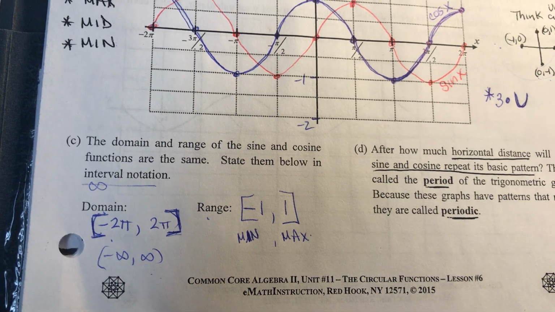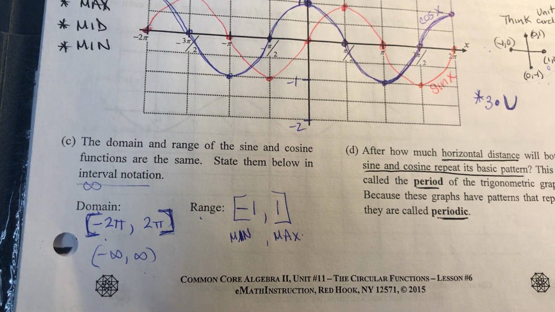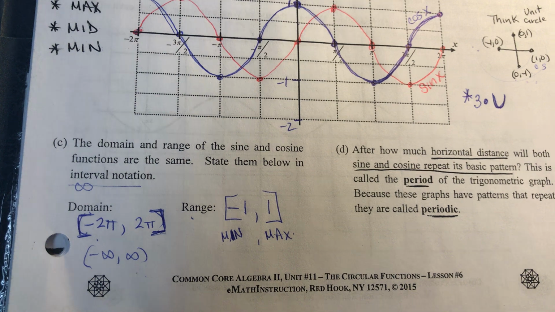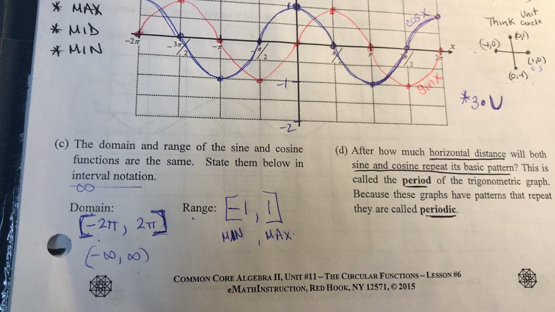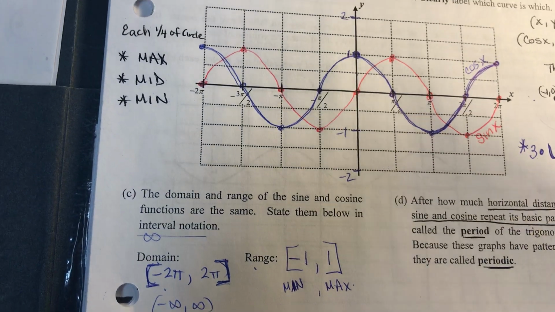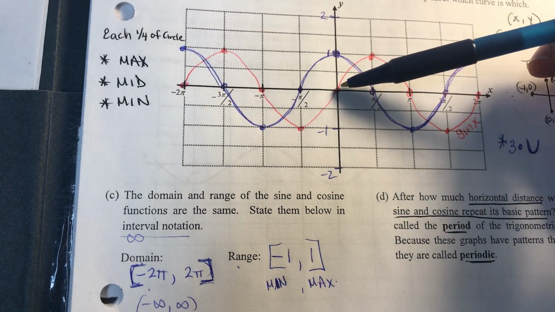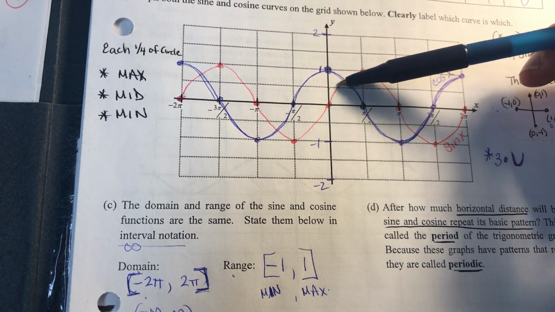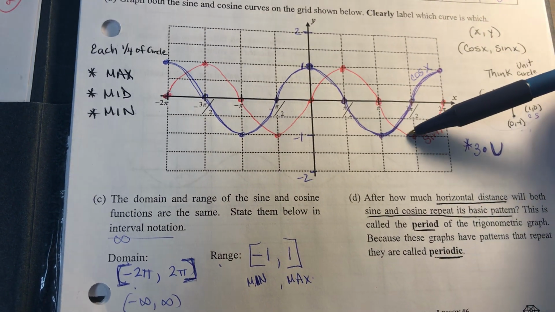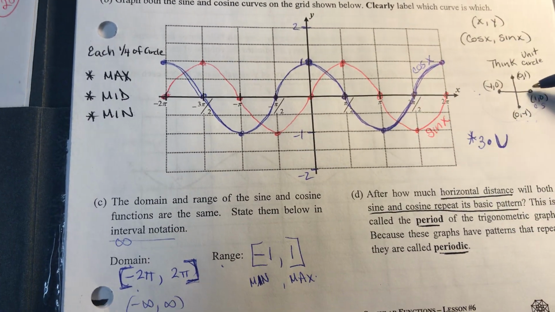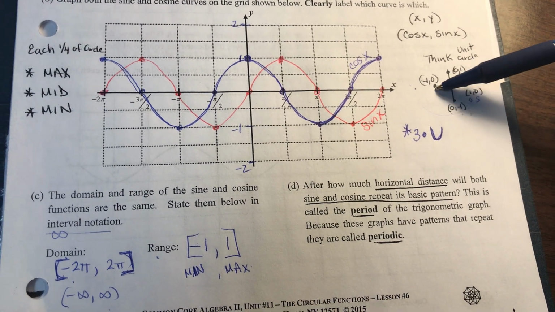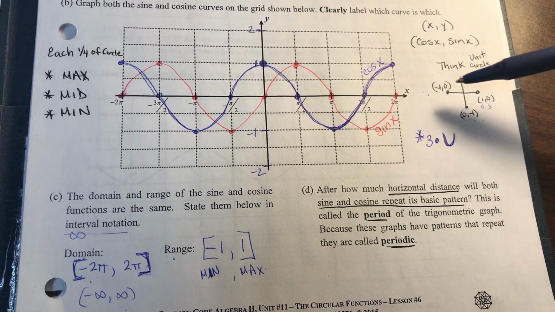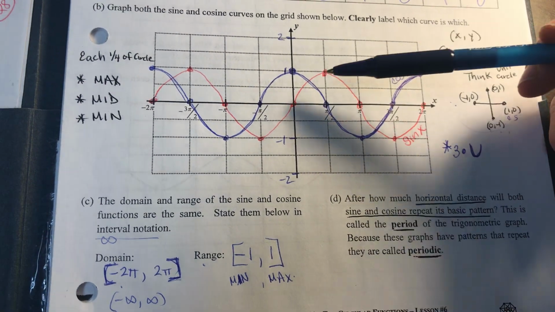After how much horizontal distance will both sine and cosine repeat their basic pattern? Okay, if you look at this, every quarter, I said earlier, is a circle. If you think of the unit circle, it goes a quarter, a quarter, a quarter, a quarter. 4 quarters is a whole, and that's what this is.